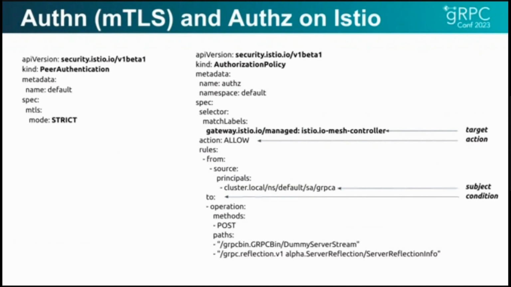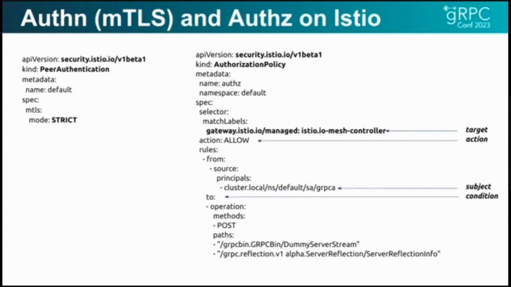All right, so how do authentication and authorization work on these? CRDs. You install your CRDs, you manage your CRDs, and for authentication I have this PeerAuthentication CRD, where you can set the mode, like everyone in the mesh needs to be strict and needs to use that.